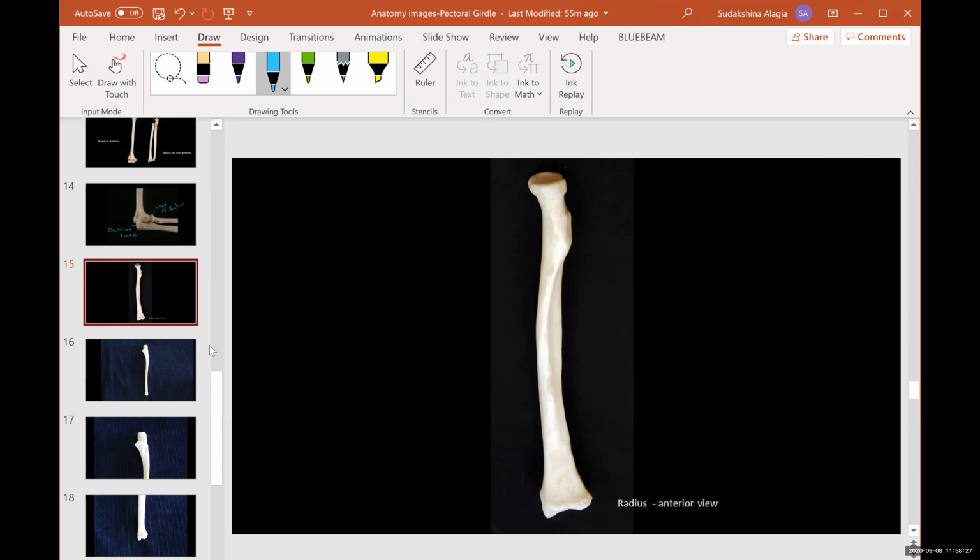Do we see a pointy part? Right? And below, right there. This. So this is the styloid process, mentioned as of radius because there is a styloid process of ulna.